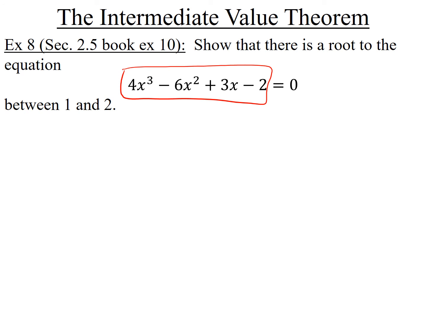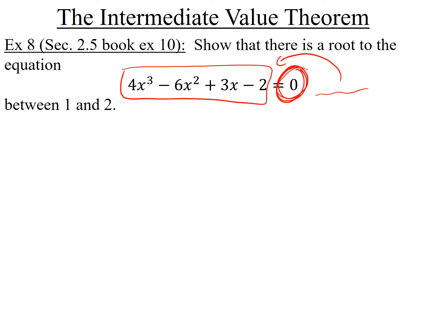Now I do want to warn you in other problems, if there's something other than just a number on the right, if it's not just 0 or like a 3 or something, if there's x's over here, what you want to do is move them all over. We're going to need only a number here. Most of the time we want 0 here, but you could actually put any number you want there. It could be any number, but anything that has an x in it, you need to move over to the left side.